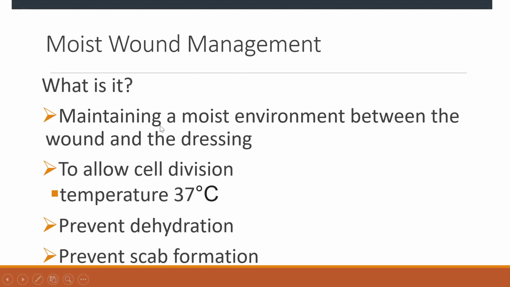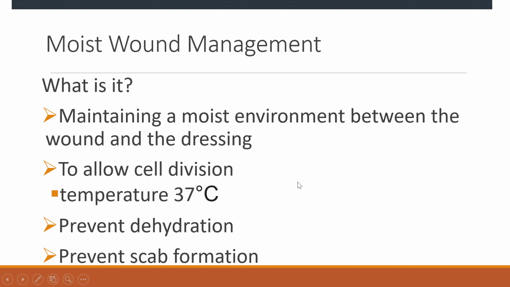Because a good, appropriate environment can help cell division. Normally the temperature would be good if you can keep it like your body temperature, 37 degrees.